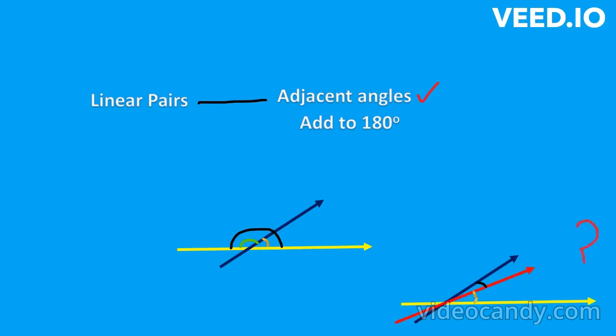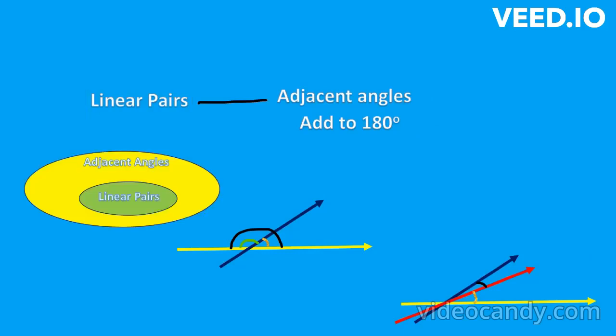Now, do these angles add up to 180 degrees? No. These two angles put together don't make 180 degrees, so they are not linear pairs, though they are adjacent. So this is the relationship. All adjacent angles are not linear, but all linear pairs should be adjacent angles.